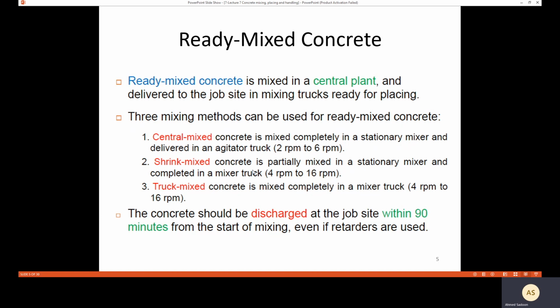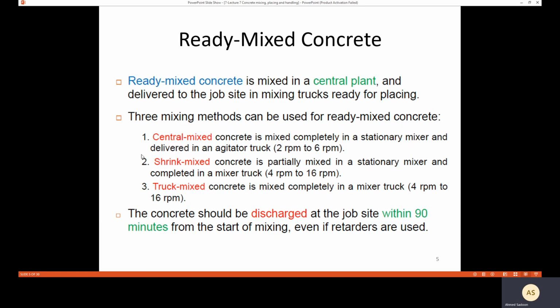And in this case, the truck is going to rotate between 4 revolutions per minute to 16 revolutions per minute. Finally, we have the truck mixed. In case of the truck mix, the concrete is mixed completely in the mixer truck, and the rotation of the mixer is going to be between 4 revolutions per minute to 16 revolutions per minute.